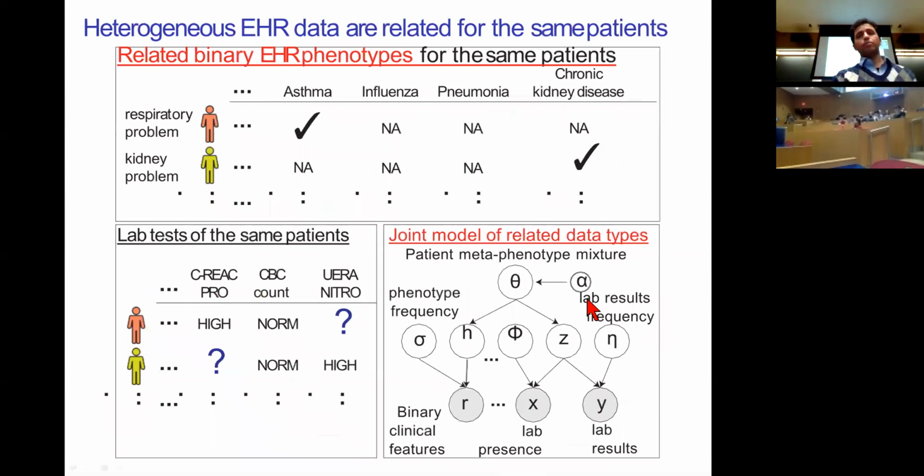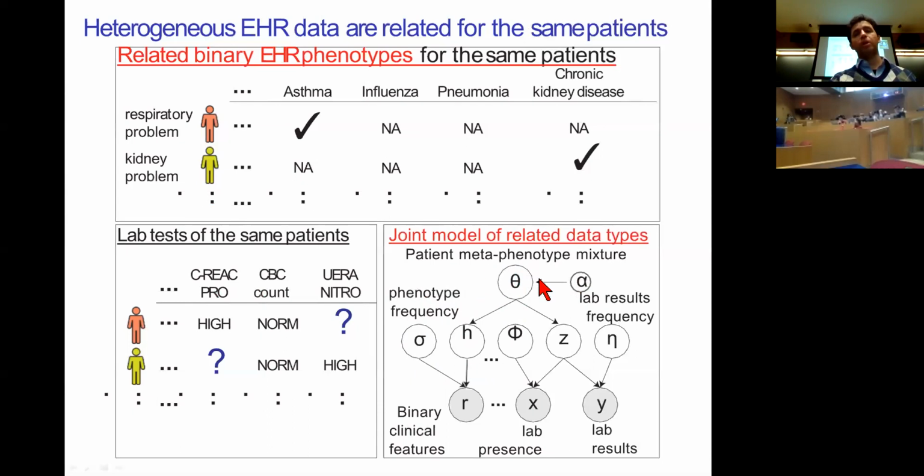So then you can do that both for lab tests and for all of the other phenotypes. So basically looking at various binary clinical features, looking at all kinds of ICD-9 codes and et cetera. You can start modeling, number one, the patient meta-phenotype, the class, the topic, or the disease topic that the patient belongs in.